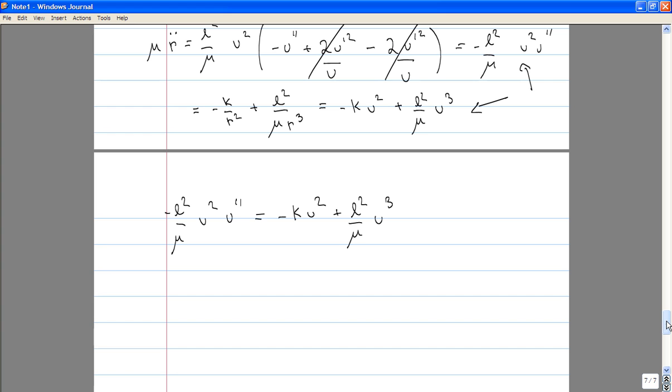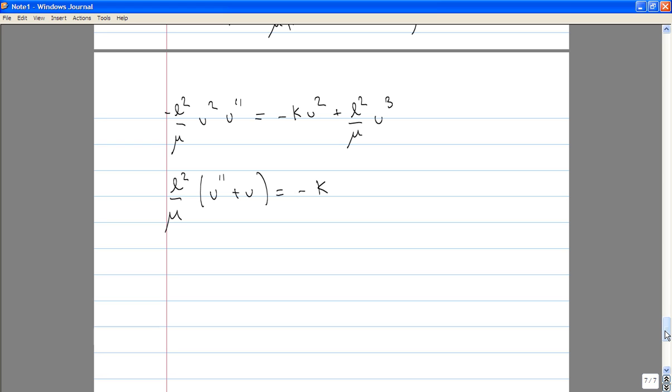Or let me rewrite this as u double prime plus u is equal to... got a minus sign somewhere. Yeah, sorry. I moved it to the other side of the equation, so there's a plus k there. It is equal to mu times k over L squared. Let's put a box around that guy too.